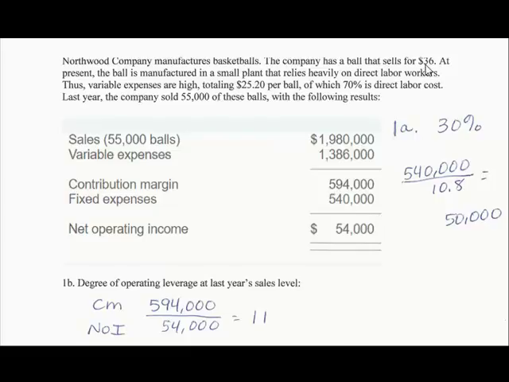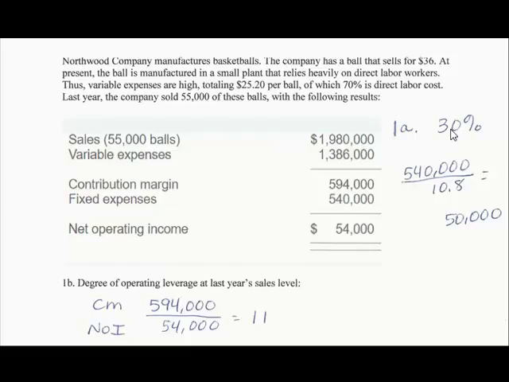I can take the sales price of $36, subtract the variable expenses per ball to get the unit contribution margin, which is $10.80, and then take the $10.80 in unit CM and divide by the $36 sales price. My answer is 30%, my CM ratio. I could also do it with these dollar amounts. The total dollar amount of contribution margin divided by the total dollar sales revenue will get the same 30% figure.